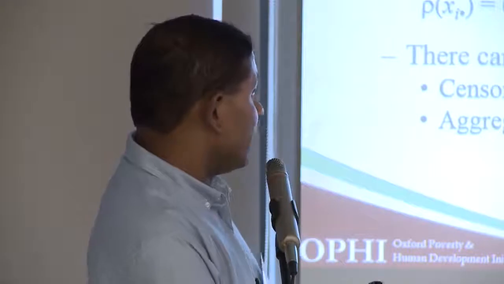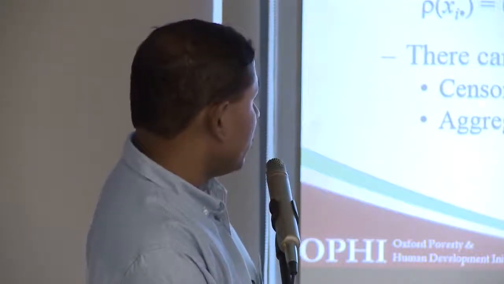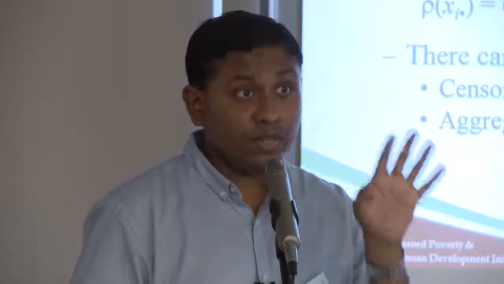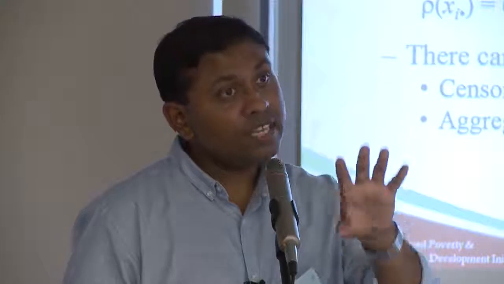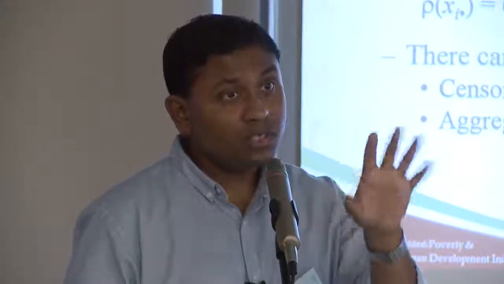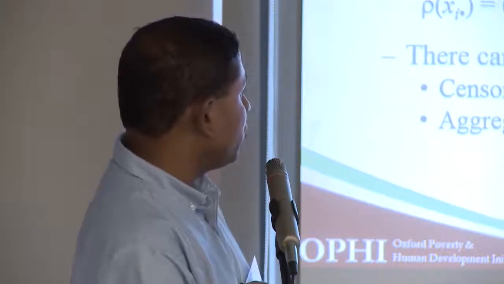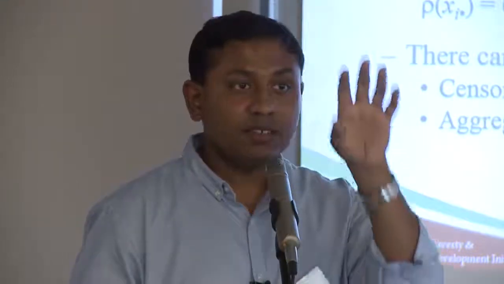One we call the censored achievement approach, where we censor. Remember censoring? Did you understand censoring? So here we censor the achievements of the non-poor. This is called the censored achievement approach. And the other one is the aggregate achievement approach, where we do not necessarily censor each deprivation. So I will explain in detail.